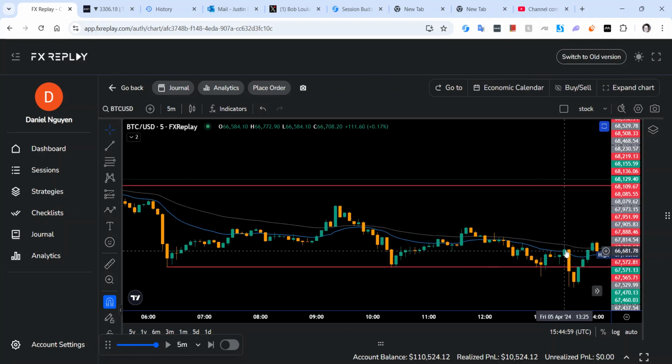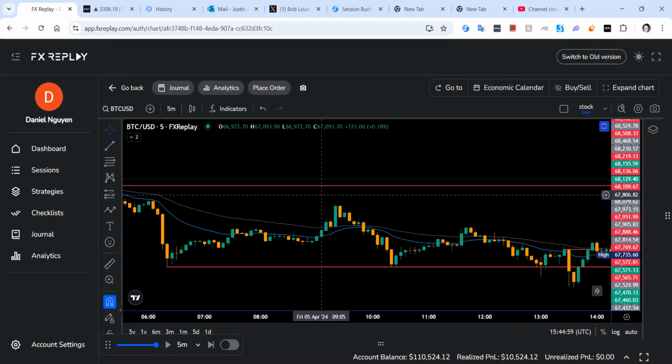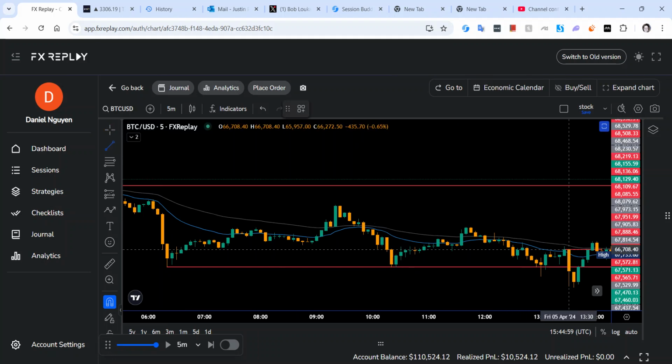See how after it came here and dumped, it pushed up pretty strongly and closed above where it dumped from. Like it closed above there. It closed above the wick as well. It closed above that. So it came down and then immediately pushed up really strongly.